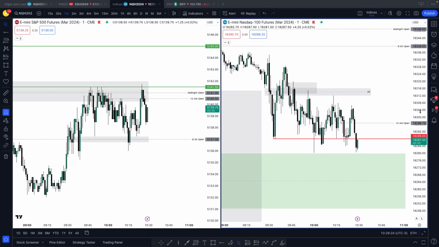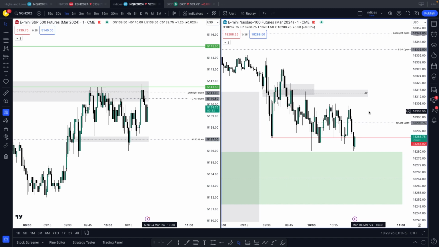It's that kind of action where there's not a whole lot of clarity, and being a participant is much more draining compared to a clear expansion day. So you want to save your capital, your financial capital, and your mental capital on a day like this.